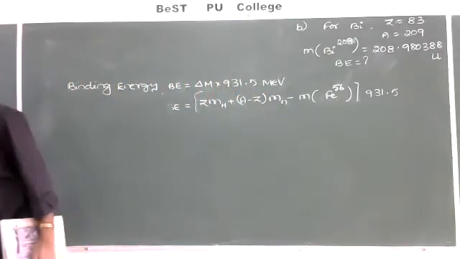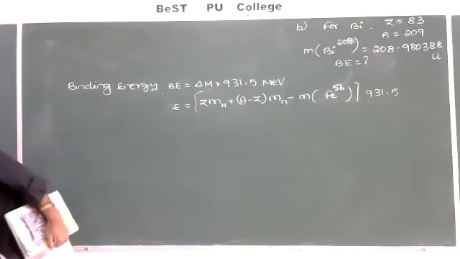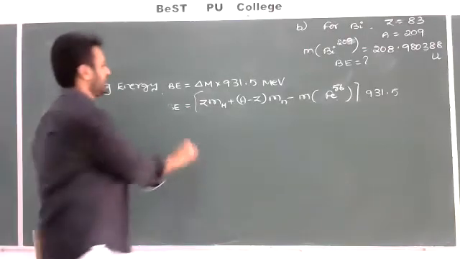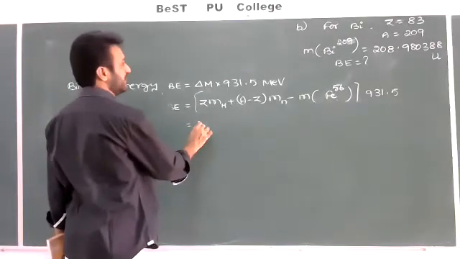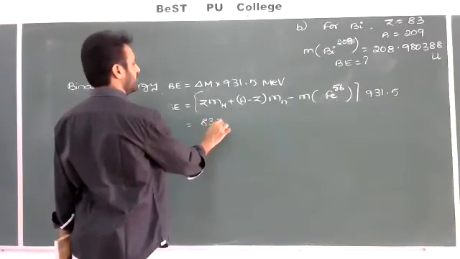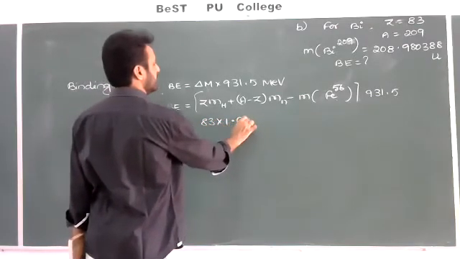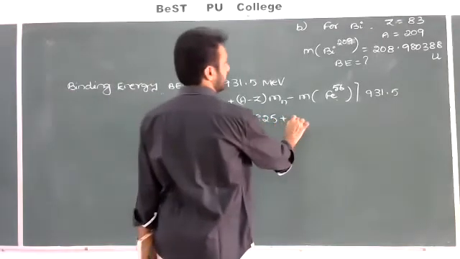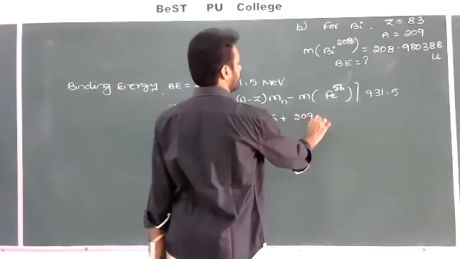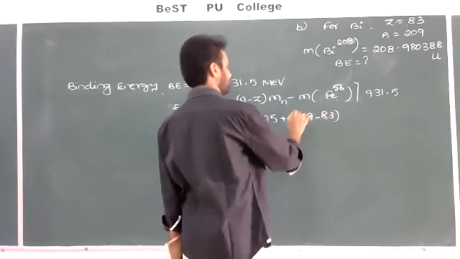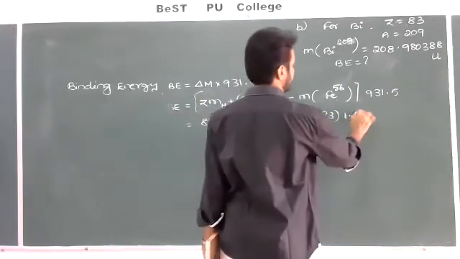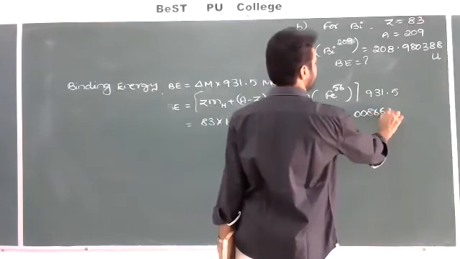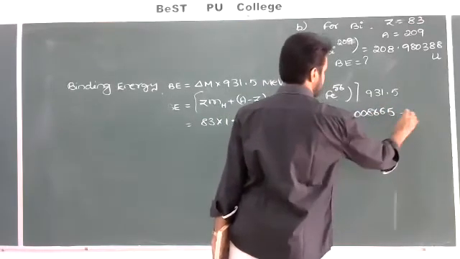The mass of hydrogen and all the remaining values are the same. Here you should write atomic number Z is equal to 83 into 1.007825 plus 209 minus 83 into 1.008665 minus.